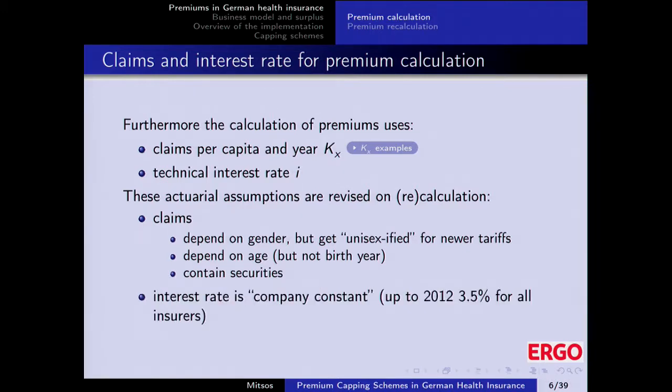The interest rate is always a company constant, and up to 2012, all German insurers used 3.5%. This is not realistic anymore. Starting with 2013, each company has started using its own.